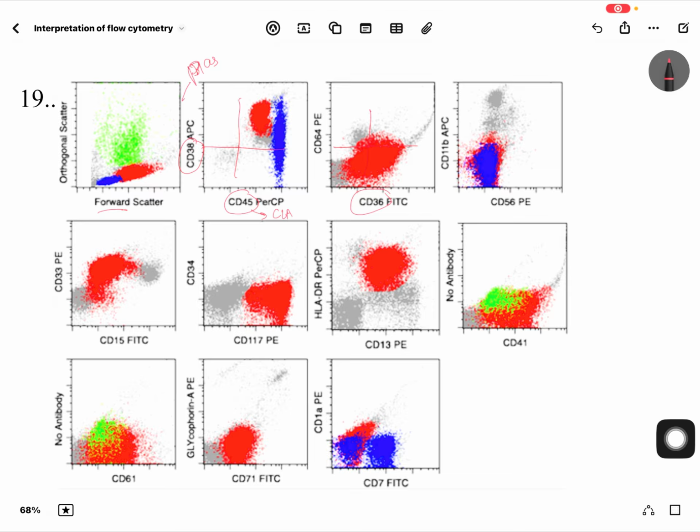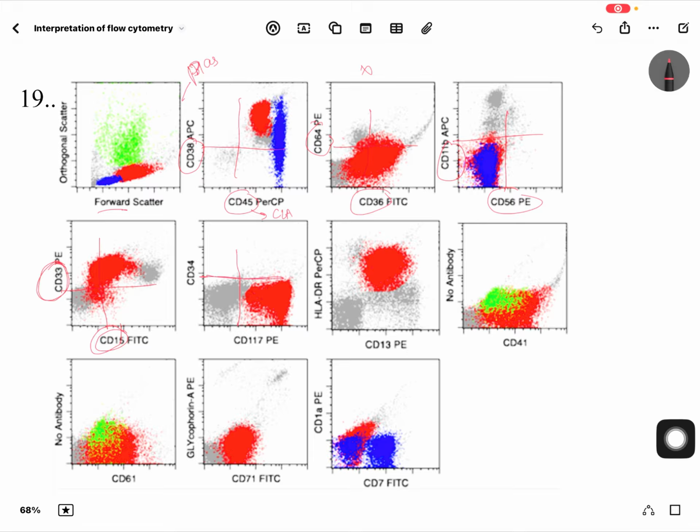CD36, CD34, do you know what they are? Nothing. Then just leave it. What you don't know, just leave it and go. If you divide it, both are negative. Okay, no problem. Then CD33 and CD15. Yes, is it positive? Yes.